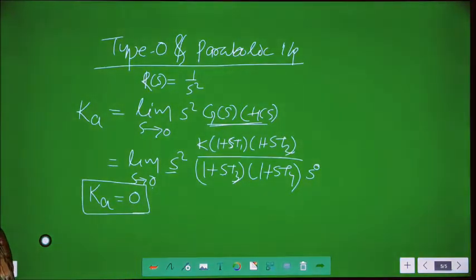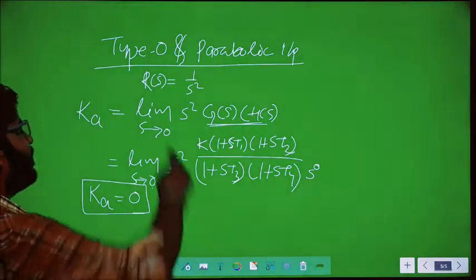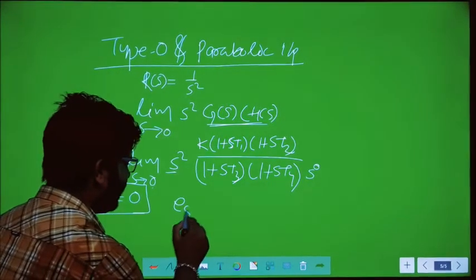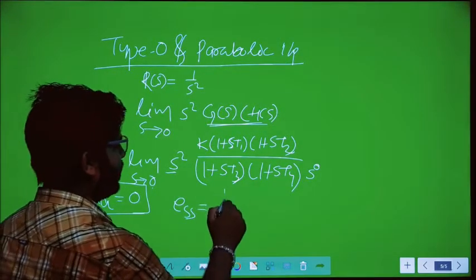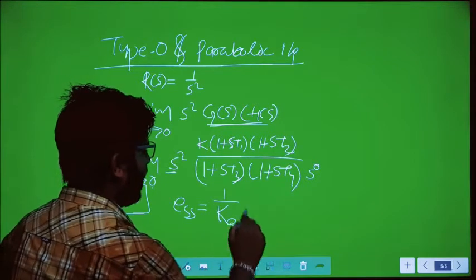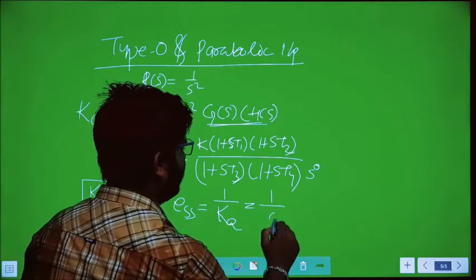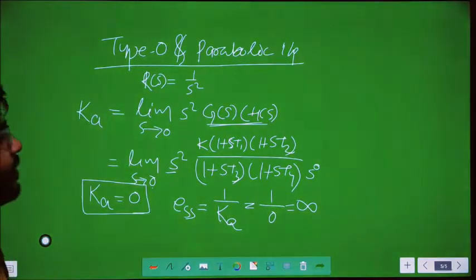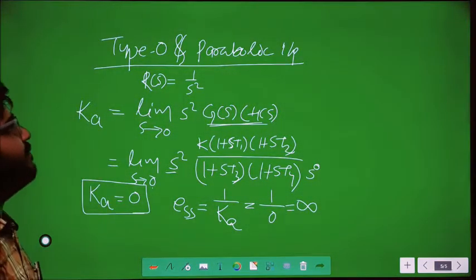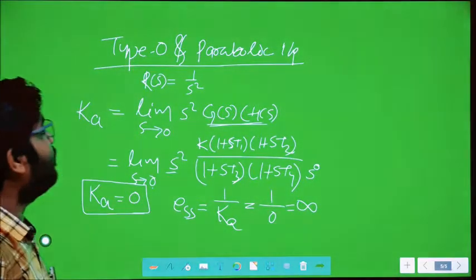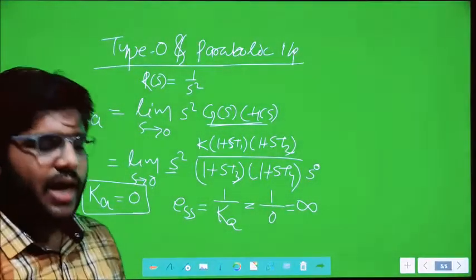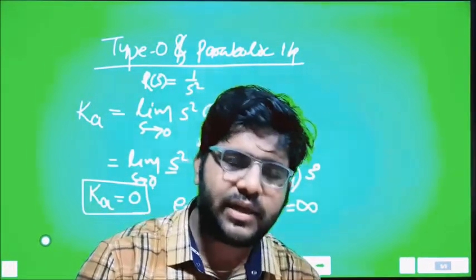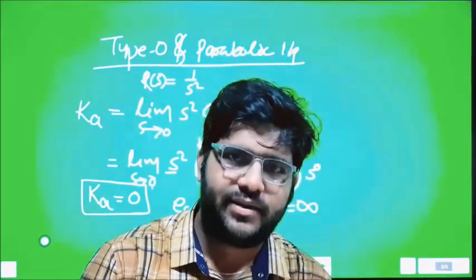Once my acceleration error constant for a type 0 system becomes 0, what will be my steady state error? Which is nothing but 1 by Ka, and I can write it as 1 by 0 equal to infinite. Here also I found that whenever I give a parabolic input to my type 0 system, my steady state error becomes infinite.